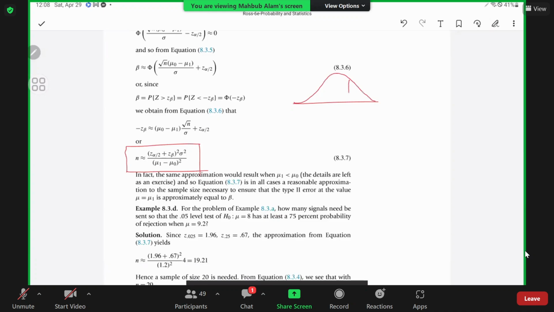We call it z beta. That means it is equal to z.25. And from the normal table, what is the value for z.25? Let us have a look.